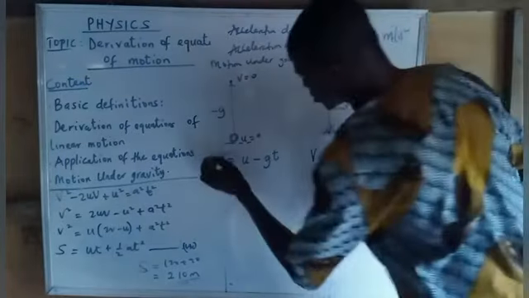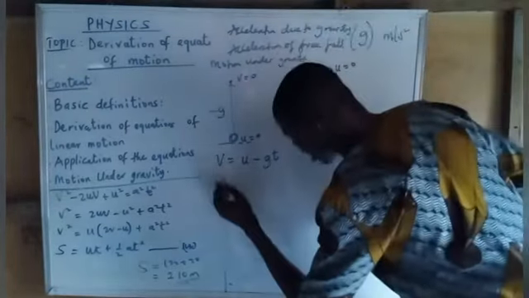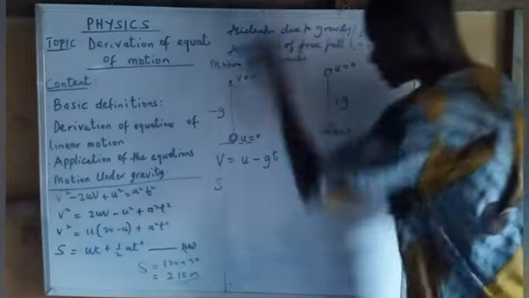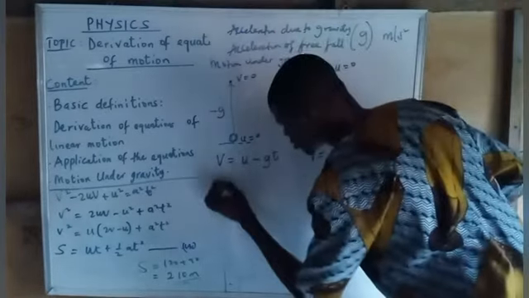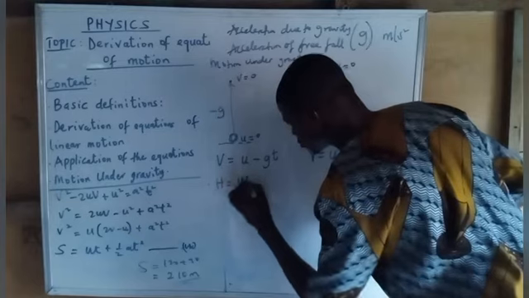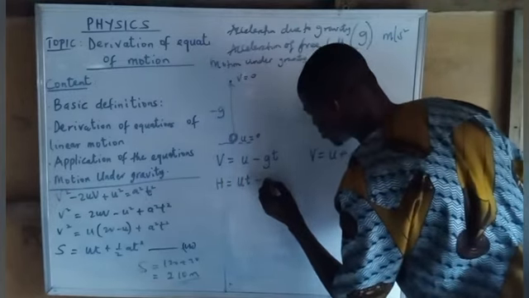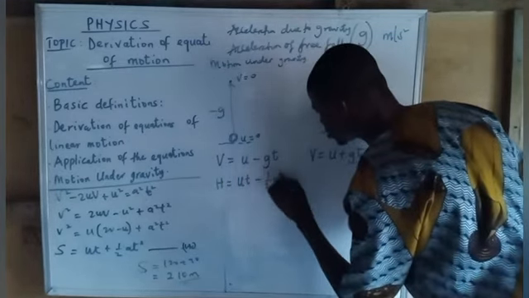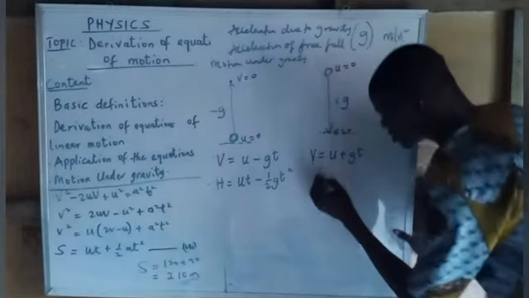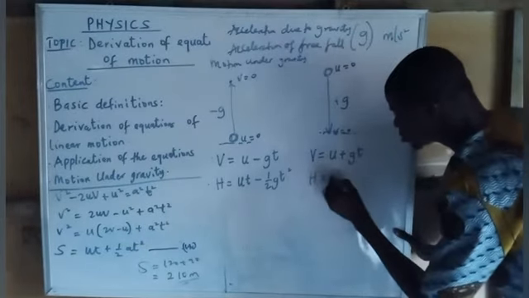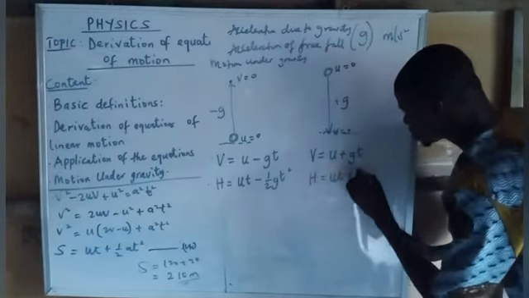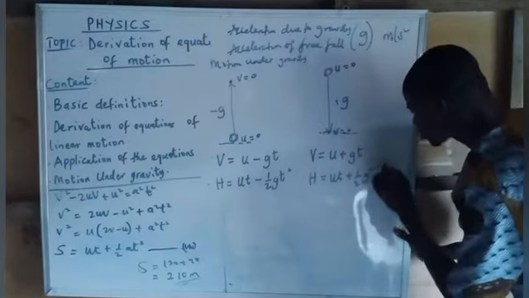That's the first equation. Secondly, we also have our s, but here, since it's gravity upward, we change this to h = ut - 1/2 gt squared. And likewise for the other, I have h = ut + 1/2 gt squared.